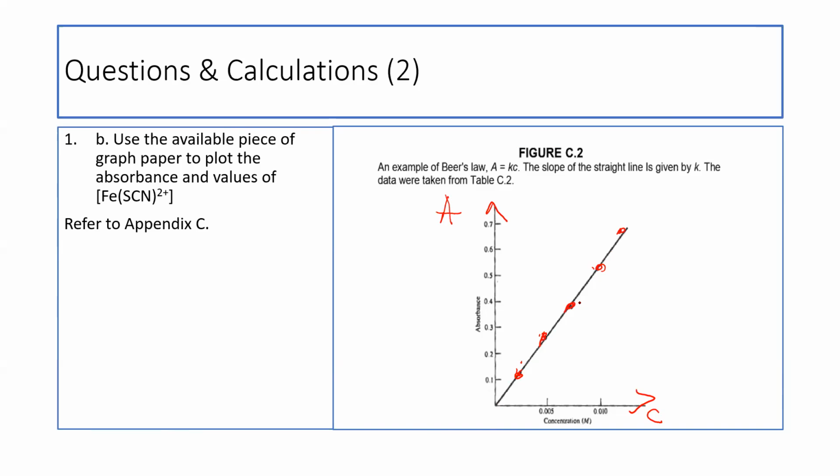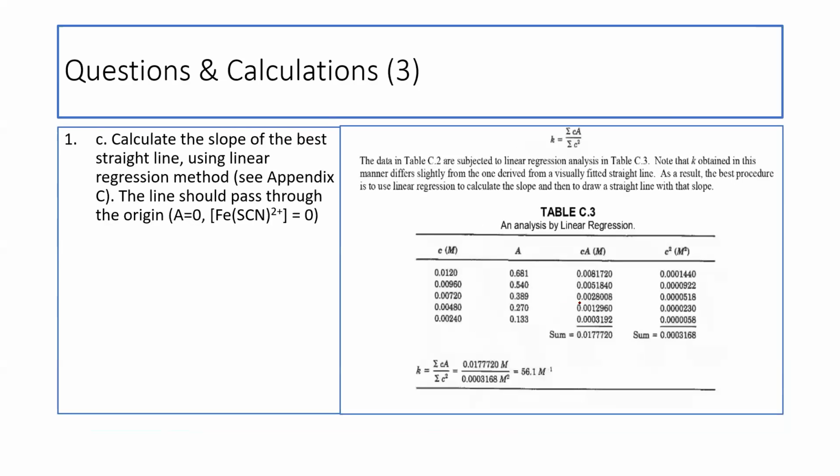So how can we do that? You have to use Appendix C and use the method of linear regression. That means you have to write your data in a table. Concentrations in the first column, your concentrations already calculated.